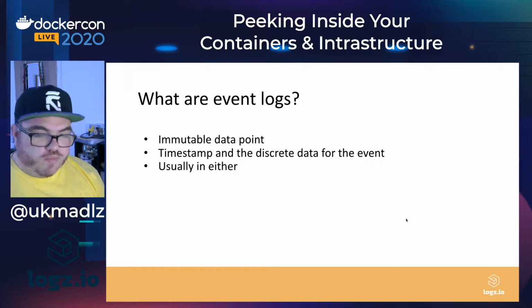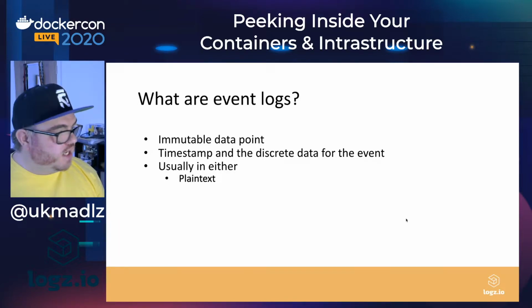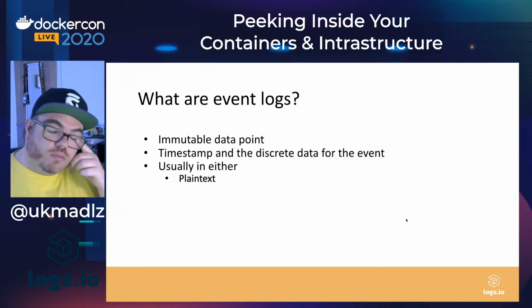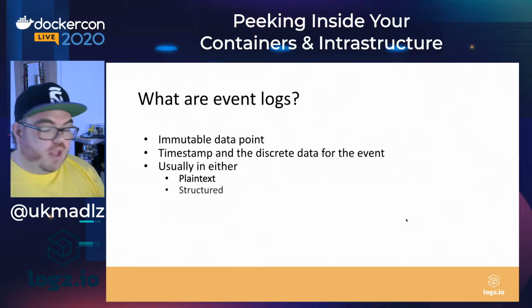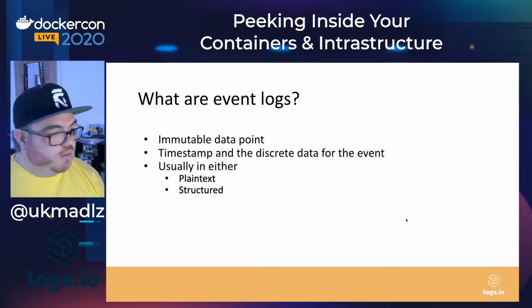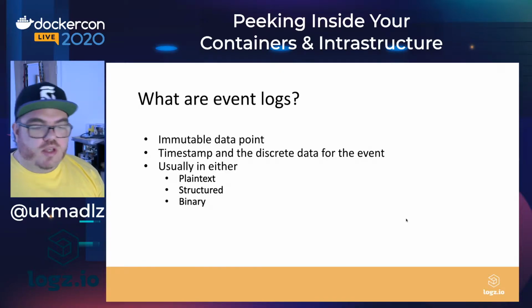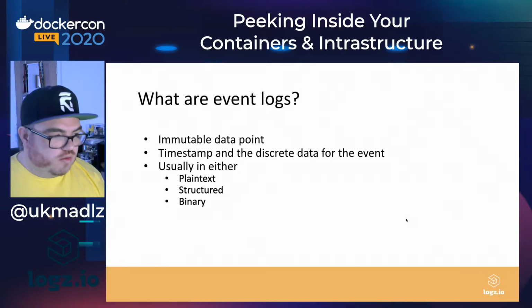And it usually comes in the format of a plain text string, either single line or multi-line. It can be structured data, so a lot of it can be in JSON format, being the most common, or binary. Think of these as protobuf or binlogs. These are all sorts of things.